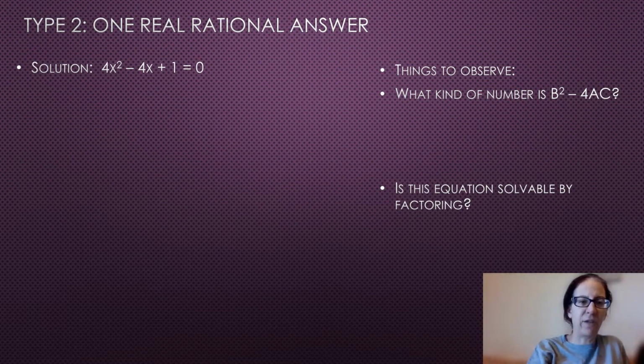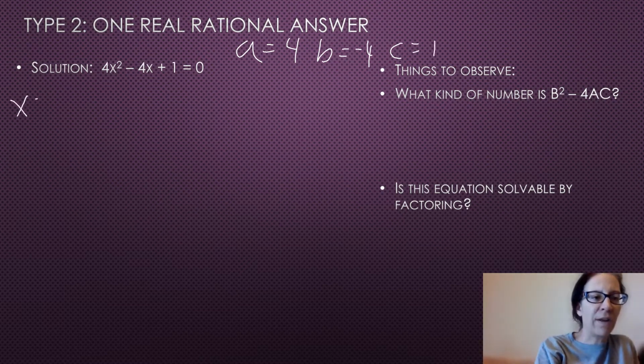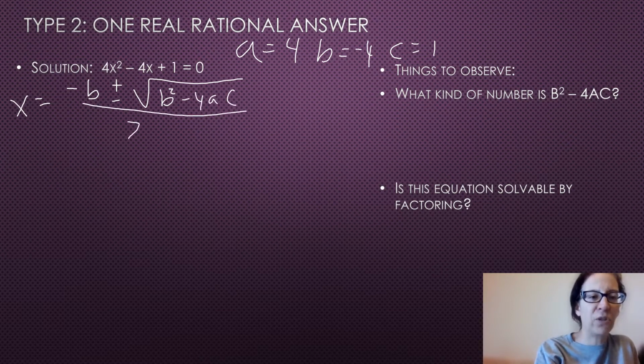Okay, let's take a look at this. In this problem, a is equal to 4, b is equal to -4, and c is equal to 1. Our quadratic formula is the opposite of b plus or minus the square root of b squared minus 4ac all over 2a. All right, let's go plug that in.